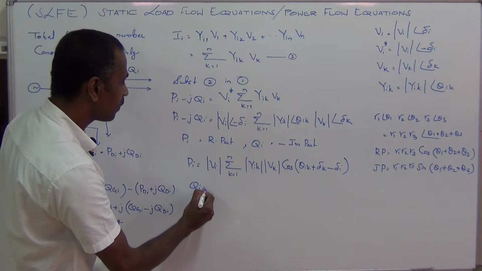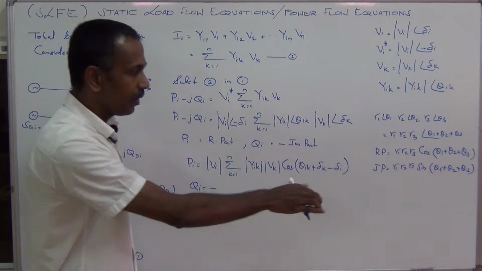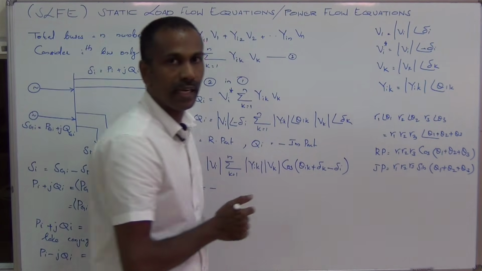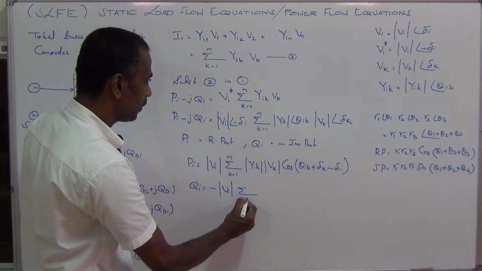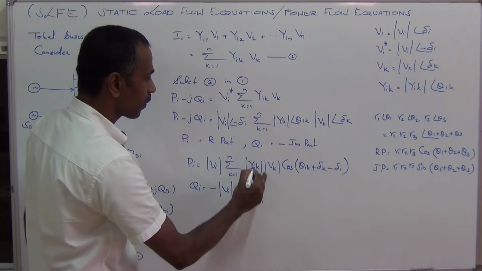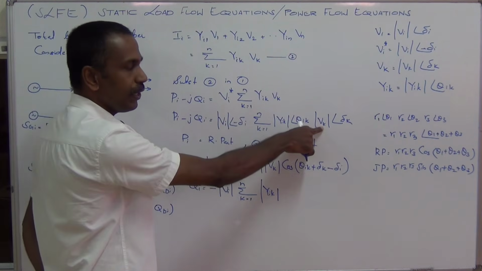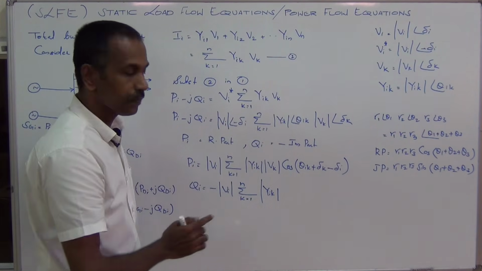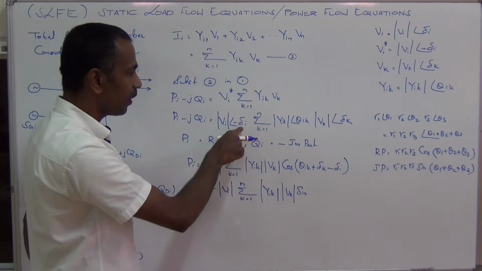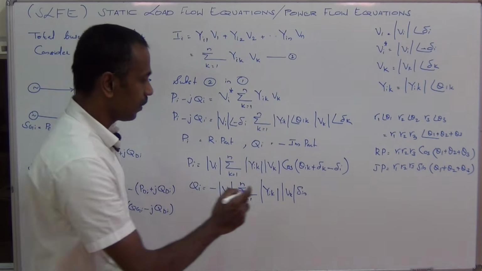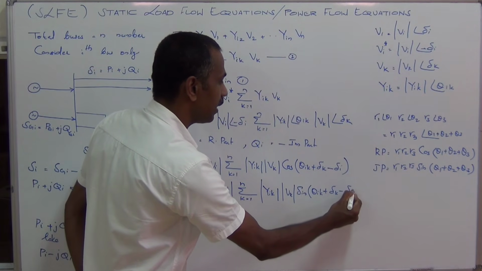What is the reactive power? This is minus of the imaginary part. How will you take the imaginary part? R1, R2, R3 sine of the angles. So it is Qi equals minus Vi sigma k equals 1 to n, Yik Vk, R1, R2, R3, into sine of the sum of these three angles, theta ik plus delta k minus delta i.